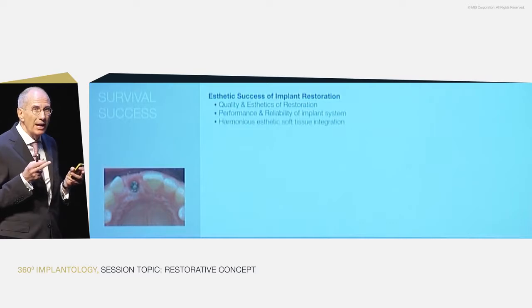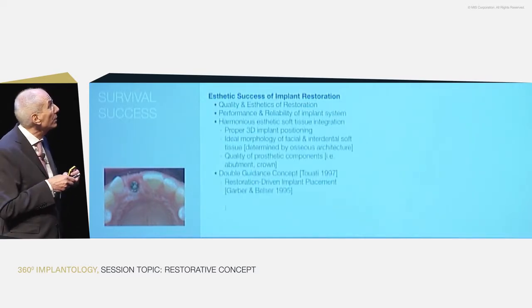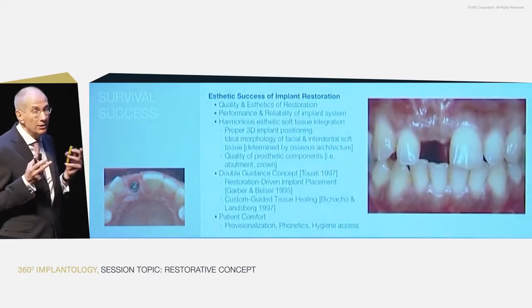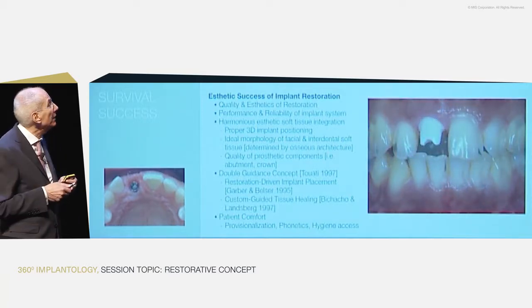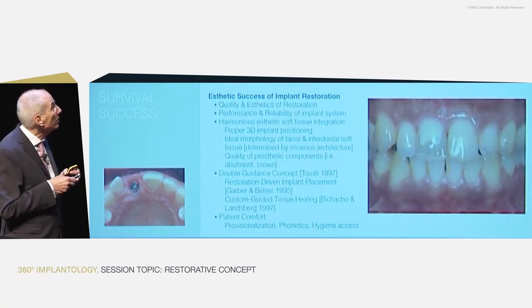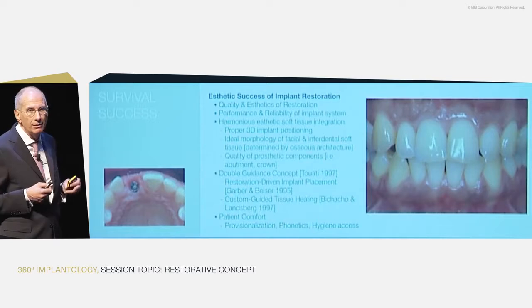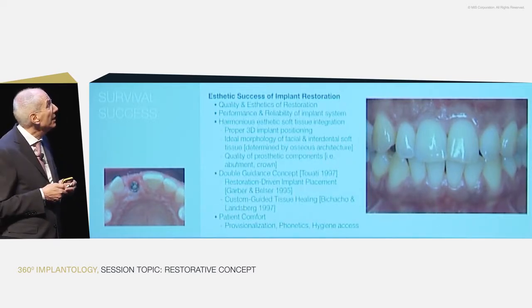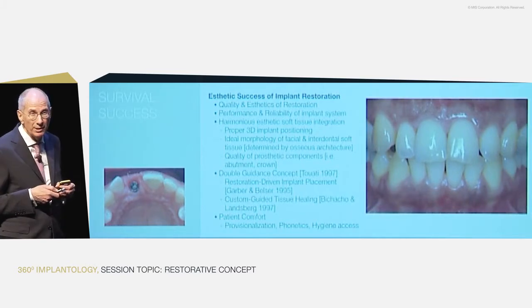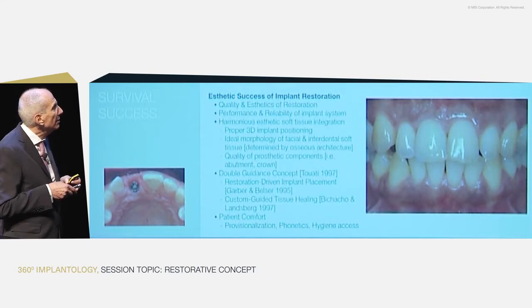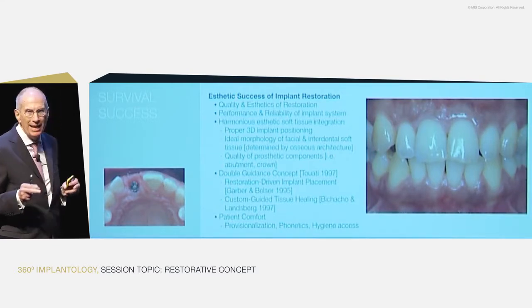So if we want to have an aesthetic success, of course, the quality and aesthetics of the restoration itself is very important, but also the performance and reliability of the implant system, as we have seen, is of high importance. And going back to history, you can see still today, we want to have a restoration-driven implant placement.